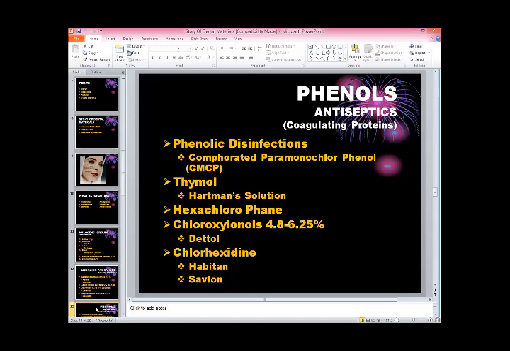And thymol, you know, it's one solution that is known as the Hartmann's solution we are using in dentistry. And thymol normally, let me tell you, the mouthwashes of this thymol are available in the market, and the normal mouthwash which we are abundantly using in our daily routine is the Listerine one.